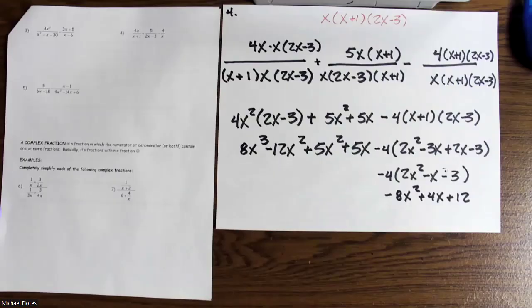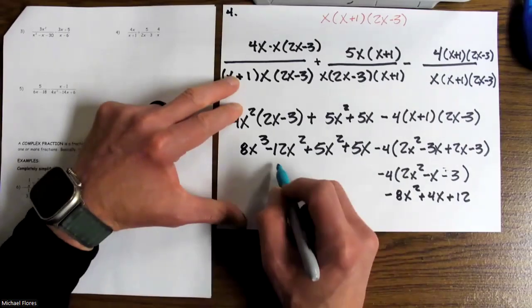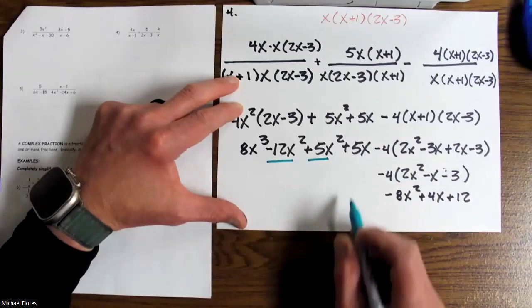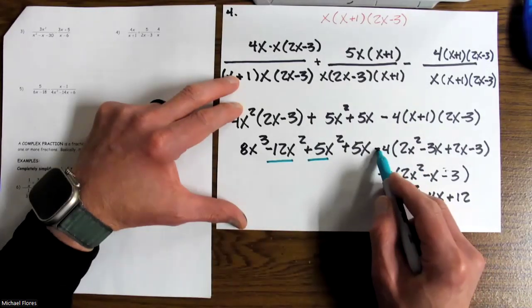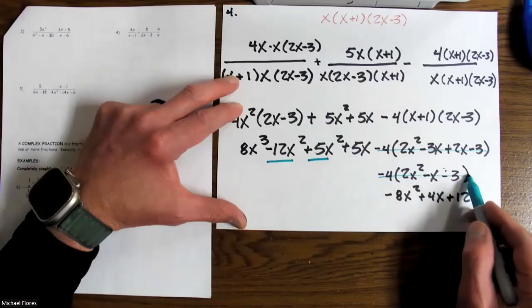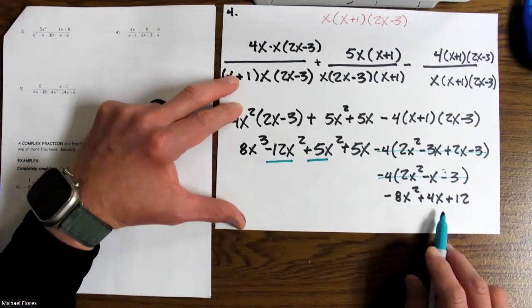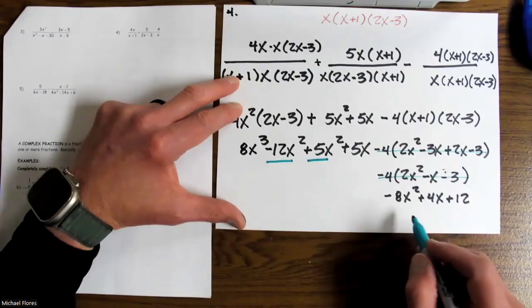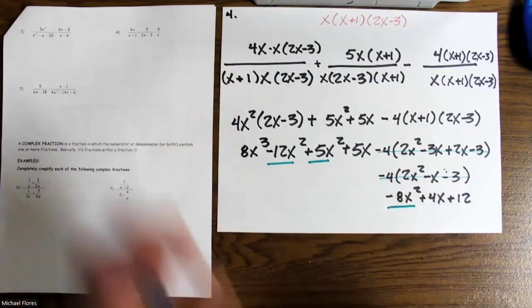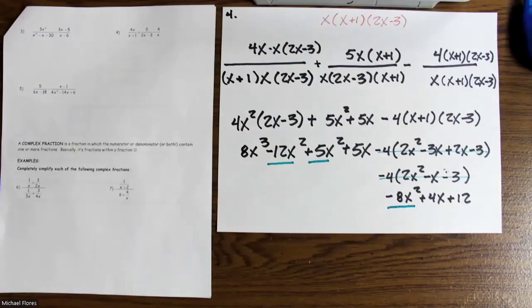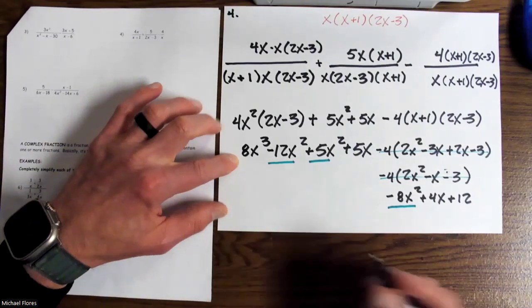Woo, that's a lot. Now what I'm going to do is I'm going to start looking for like terms. Let's see. X squared, x squared. We've already distributed and simplified. Here's our fully simplified version of all of this here. So there's another x squared there. So if I begin simplifying what I've done up to this point, 8x cubed, it's the only term that's being cubed.